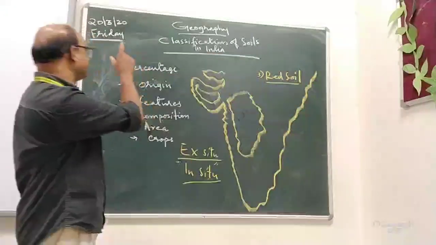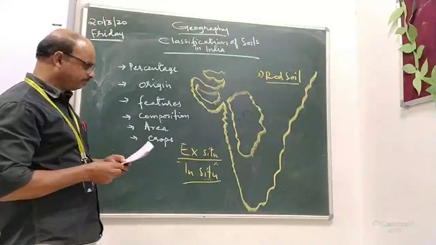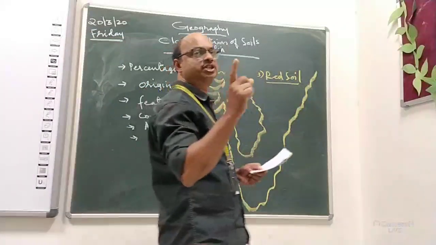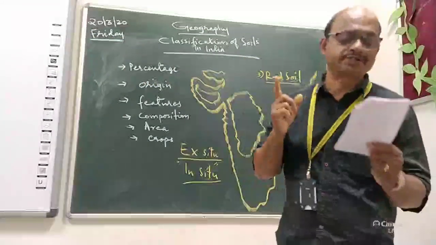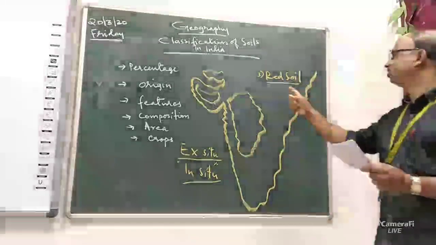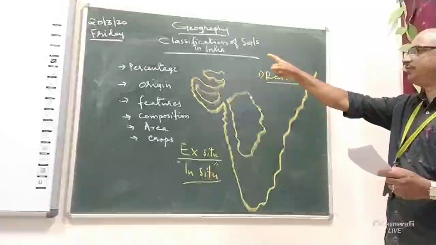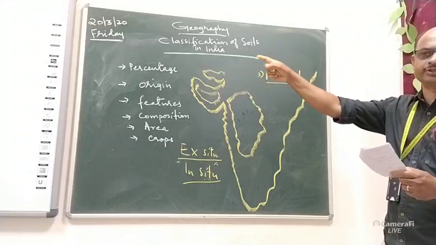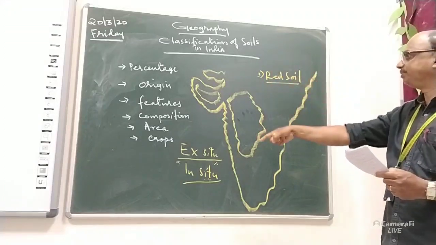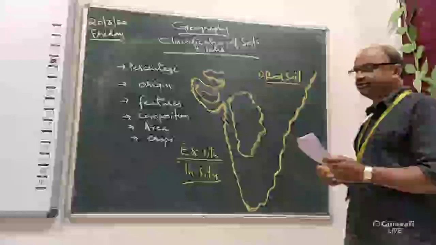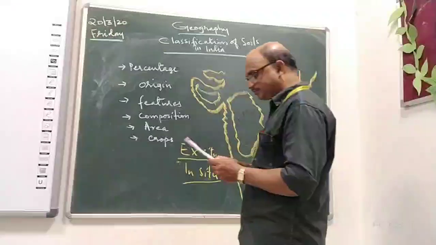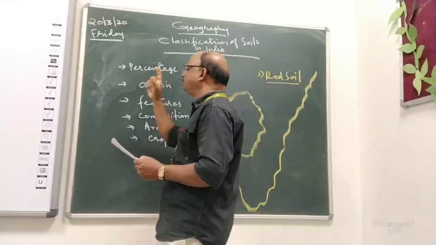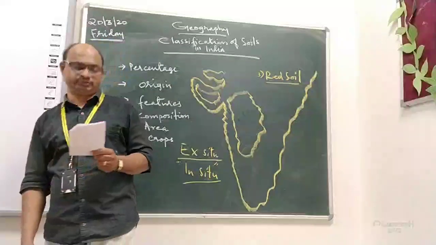Here also we are going to discuss the percentage: 10.6 percentage of soil is there. That means first of all we discussed alluvial soil 45 percentage, the next one 16 percentage, and now this one about 10.6 percentage. And next, the origin or formation of the soil.